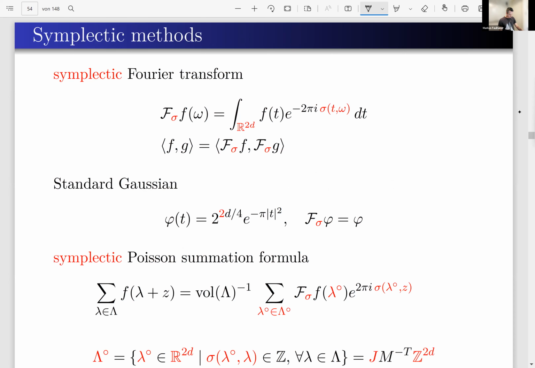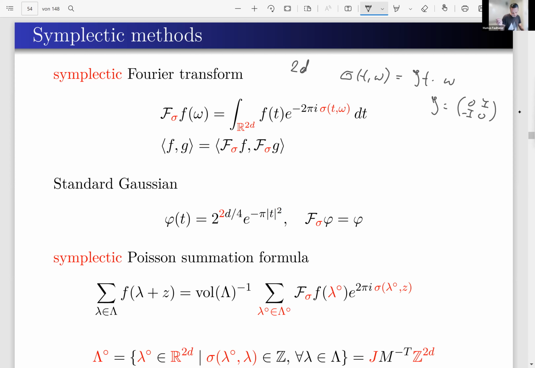And as I said, I want to use symplectic methods. And symplectic methods only work in even dimensions, but we are in dimension 2, so everything is fine. And basically, as I said, we have this sigma of t and omega is just J t times omega, where J is again this standard symplectic matrix.